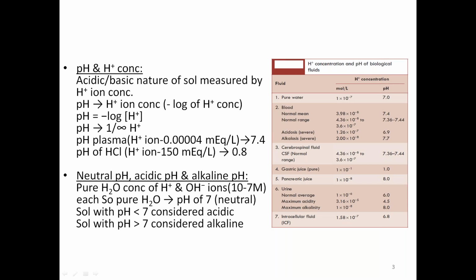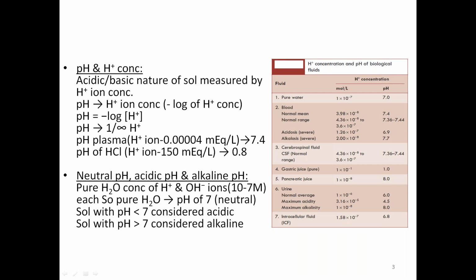Okay. Now, what is neutral pH? What is acidic pH? And what is alkaline pH? So pure water has an equal concentration of hydrogen ions and hydroxyl ions, which is around 10 to the power of minus 7 moles each. So pure water has a pH of 7, which is considered neutral.